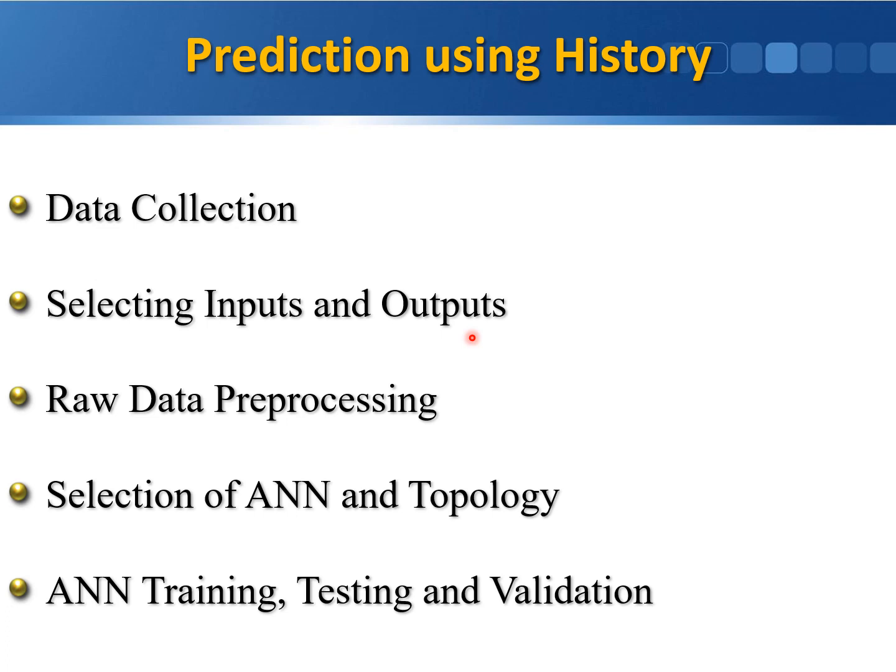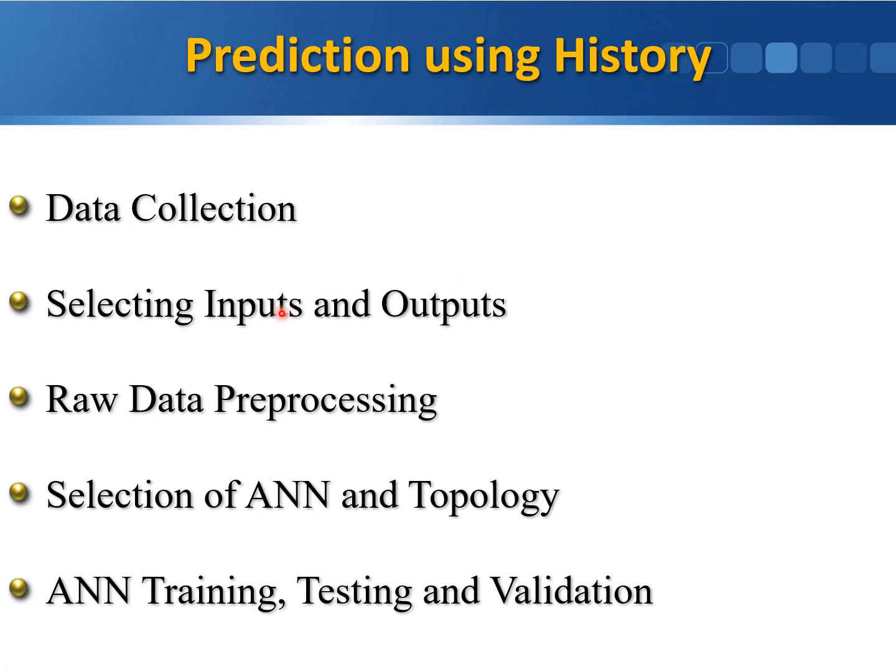In this case, we have known pattern sets, labeled pattern sets. So we have to decide what inputs influence the stock market prediction, and then the output.